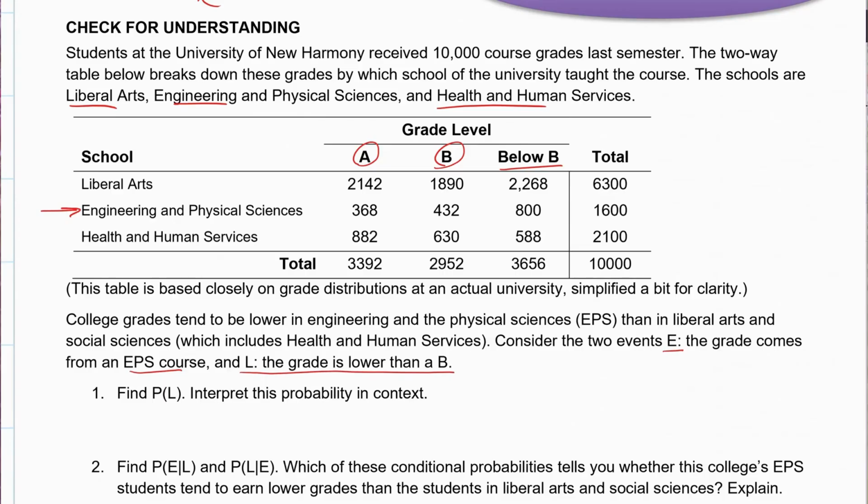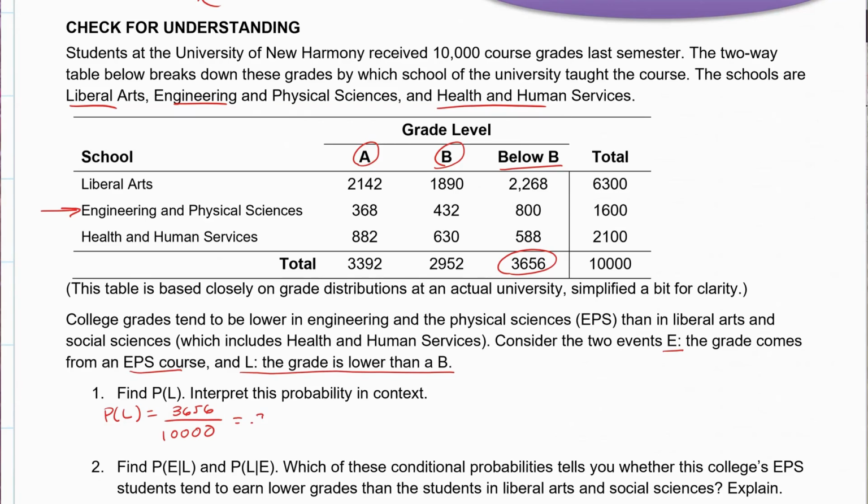And event L is that the score is lower than a B. Let's talk about the probability of L. This is the probability that the grade is low. Well, there were 3,656 low grades given out of the total 10,000 grades given. And what does that mean in context?